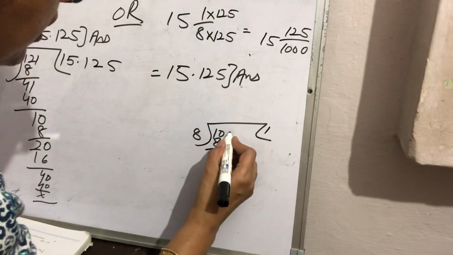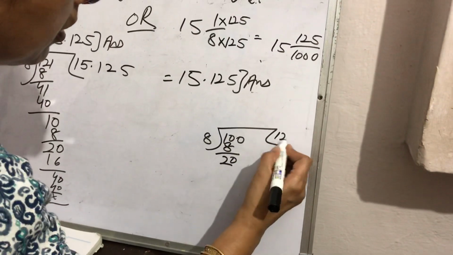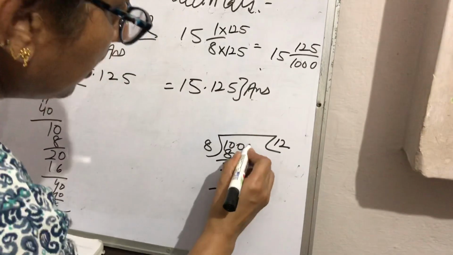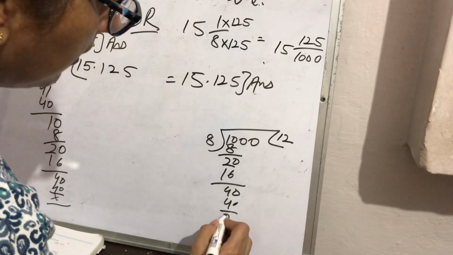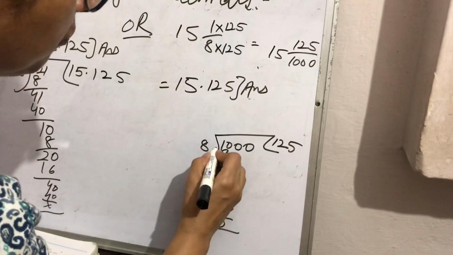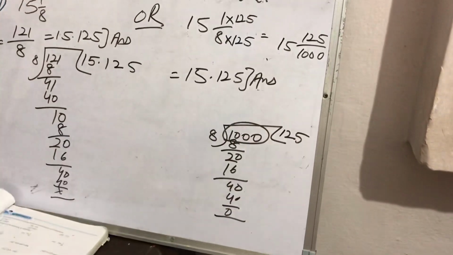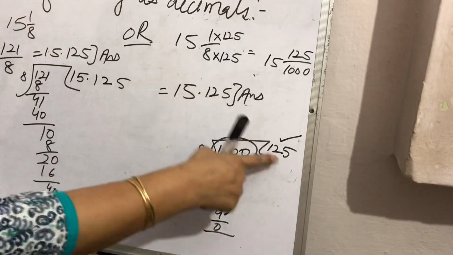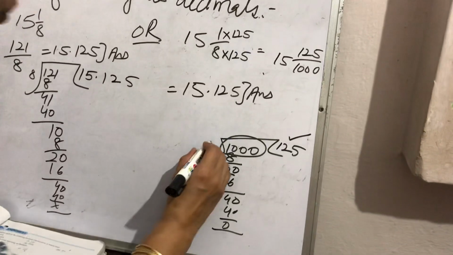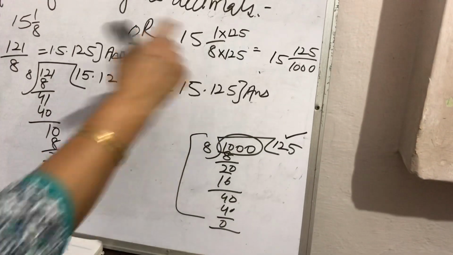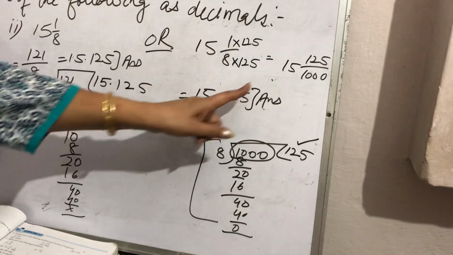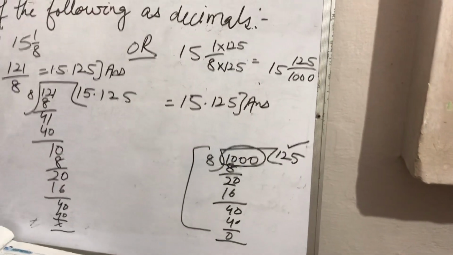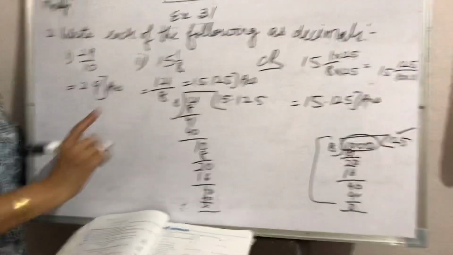Then further we can use more 0. 100 gives 16, again not divisible. 1000, now it is divisible. It means we need 1000 and the number which we have to multiply is 125. This is the way to find the number by which we multiply the denominator. So 15 whole 125 upon 1000, 15.125. You can use any method.